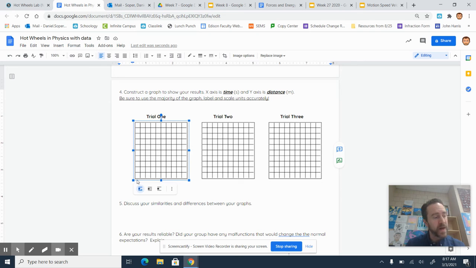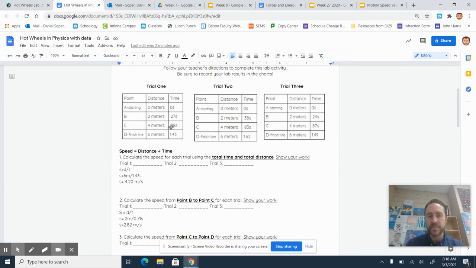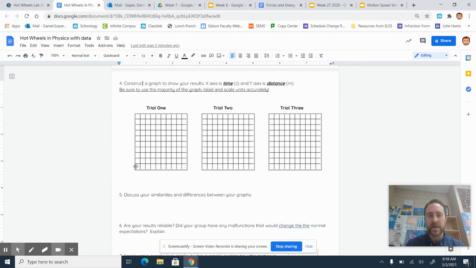On the side, the maximum distance in everyone's data was 6. I would do 1 block as 1 meter, but you can skip and go 0, 2, 4, 6, because the only data we have is at 2, 4, and 6. If you can print it off and make time-distance graphs from these tables, go ahead and do so. If not, try and visualize what that graph would look like.